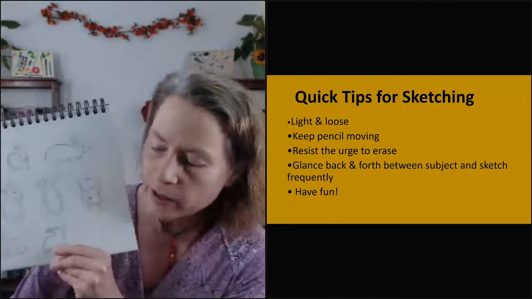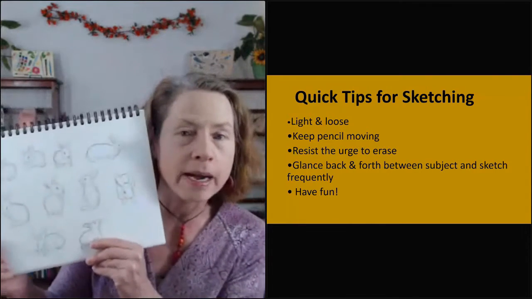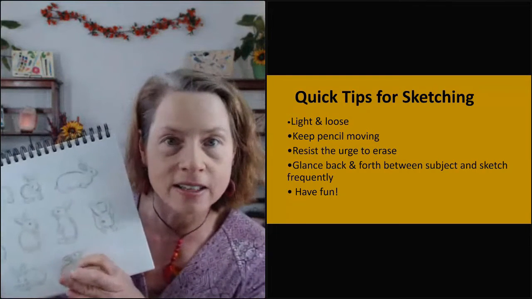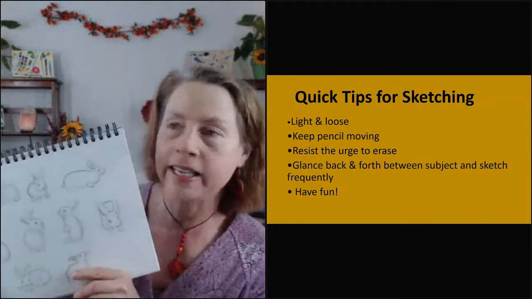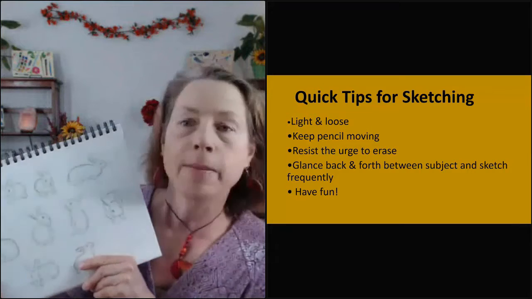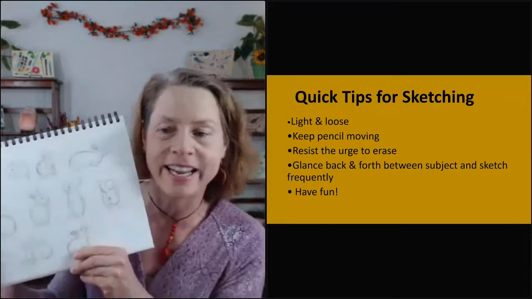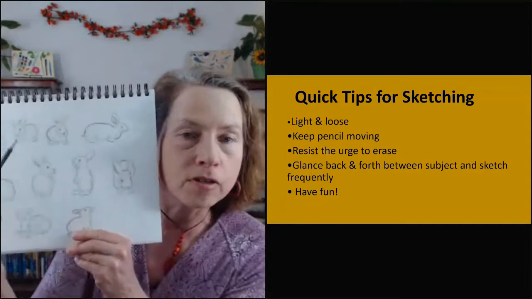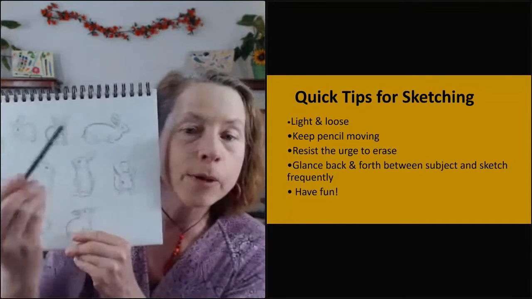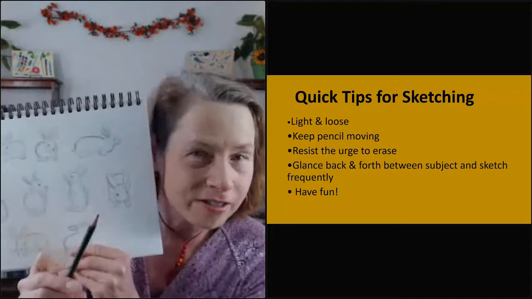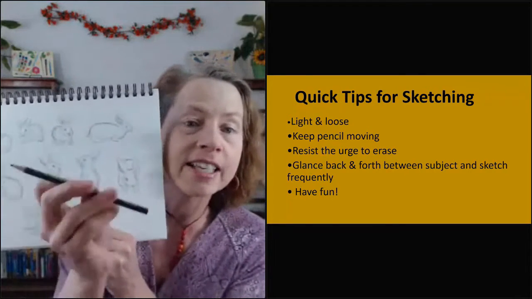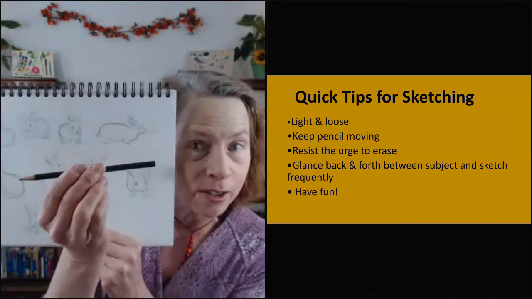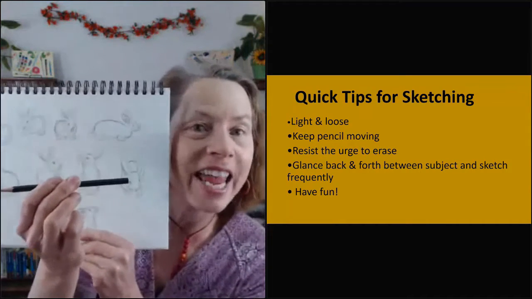So if we were going to be sketching rabbits, like you might see where I live, I have both desert cottontails and jackrabbits. Even in my backyard, sometimes I have cottontails, and so you want to keep it really light and loose. Keep your pencil moving. Resist the urge to erase. That's why I often will draw with a pencil that doesn't have an eraser, which can seem kind of scary at first.